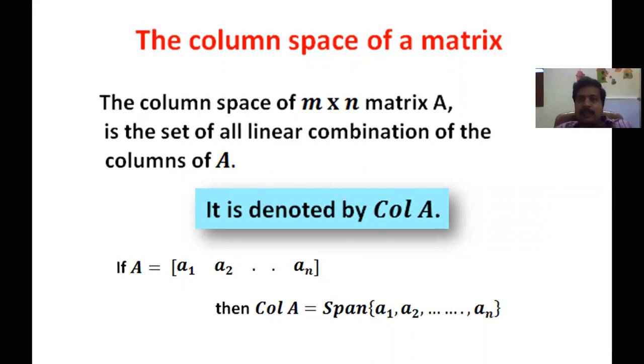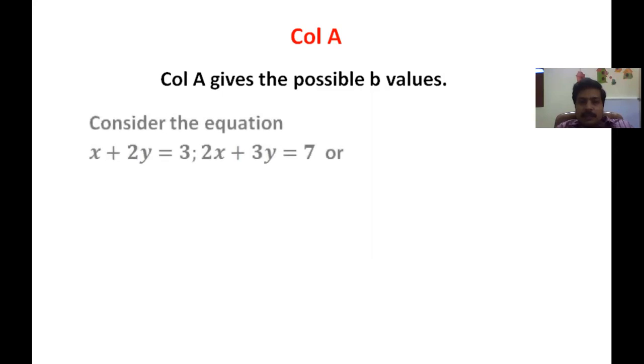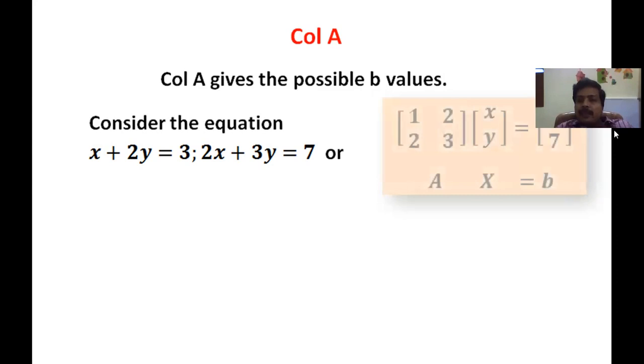So we have seen that null space A gives the set of solutions of the homogeneous equation, whereas column space A gives the possible B values in the matrix equation Ax equals B. Consider the example again: x plus 2y equals 3 and 2x plus 3y equals 7, which can be written in this matrix form.